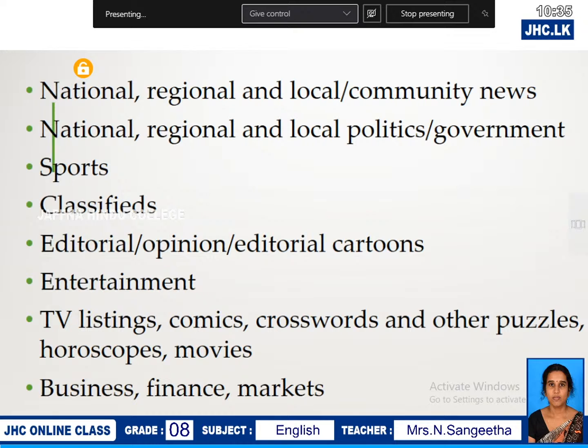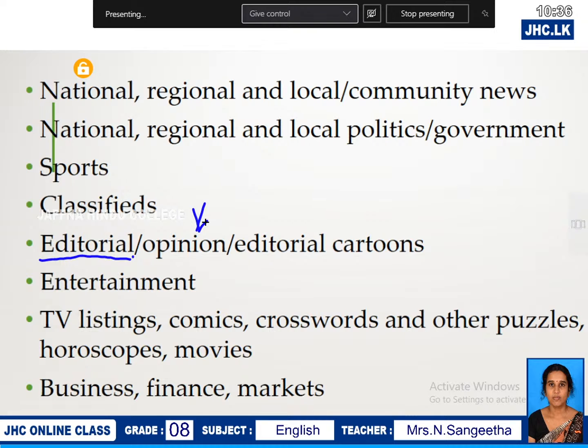Small advertisements. And the main important thing in a newspaper is the editorial. It expresses or reflects the opinion of the editor that represents the community. That is the important thing that we usually avoid. வளமையாக என்ன செய்வோம்னா நாங்கள் அவாய்ட் பண்ணிட்டு போயிடுவோம்.